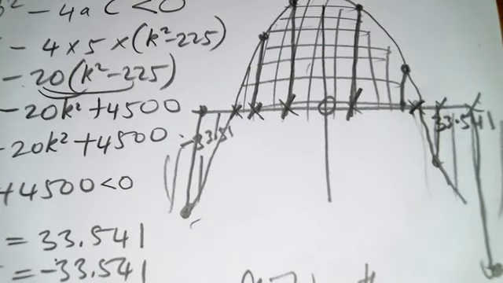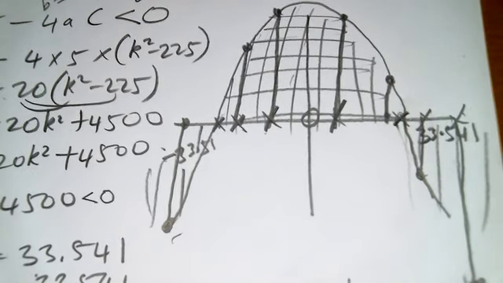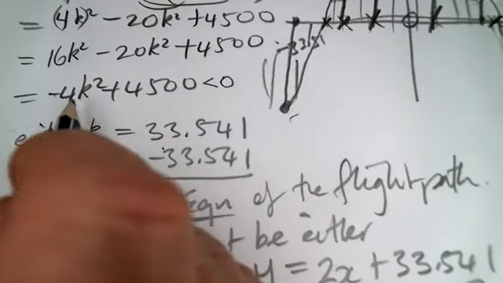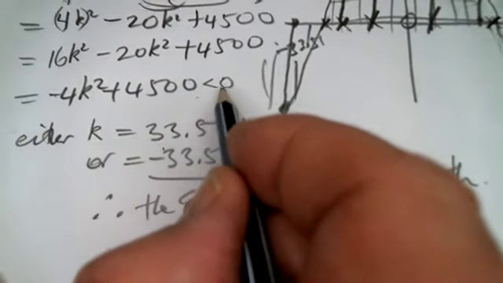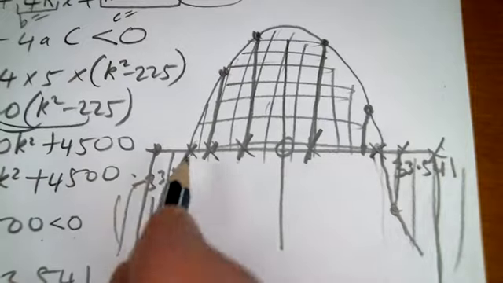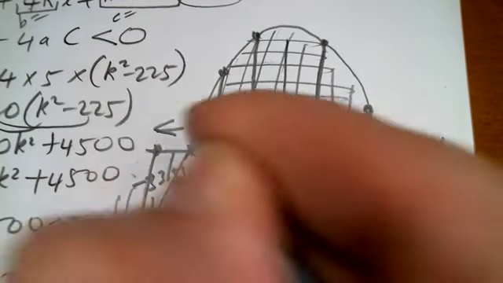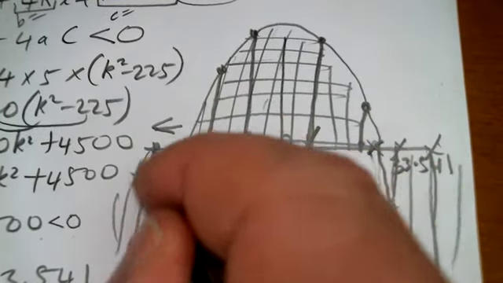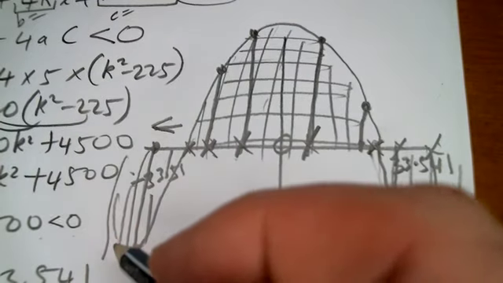And well, the question is, so what? What it means is the range of values for which this equation is less than 0 will be on either side here, because all of these values here are less than 0.